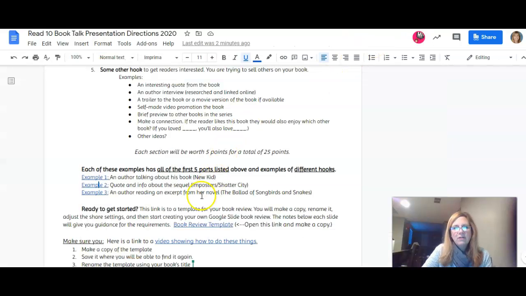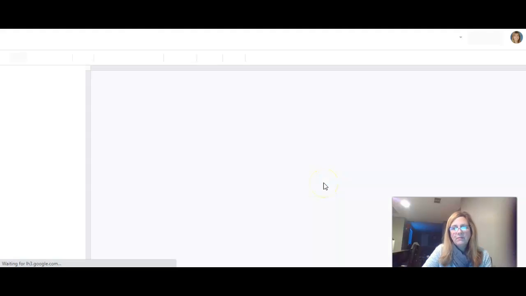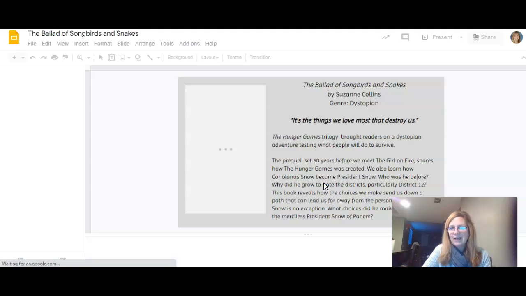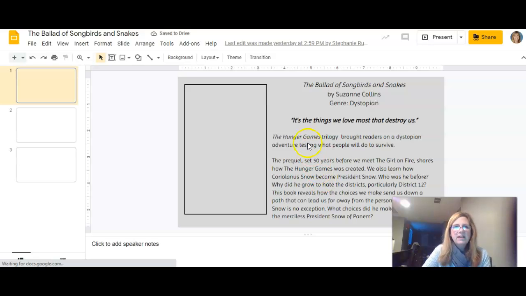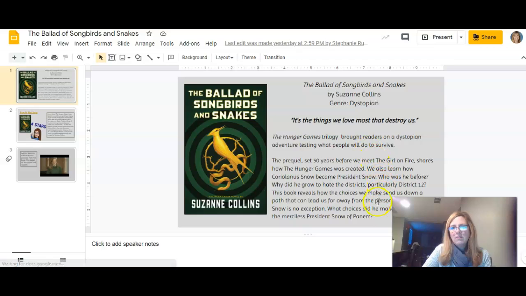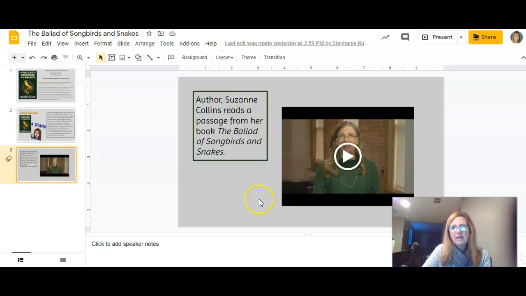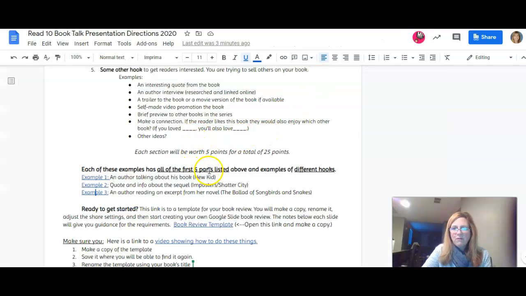And then lastly, the third example is a series, actually, because sometimes it's hard to review one book without talking about the whole series. Once again, you're going to see the book that has been highlighted of the series, the cover, title, author, genre, brief summary, rating, explaining a little bit more personal insight, and then this one has the author reading a passage from her book. So those are going to be really helpful for you before you get started.